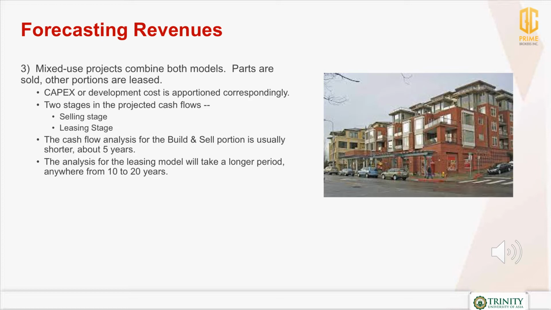First is the selling stage, and then the next is the leasing stage. The cash flow analysis for the build and sell portion is usually shorter, about, say, 5 years. On the other hand, the analysis for the leasing model will take a longer period, anywhere from 10 to 20 years.